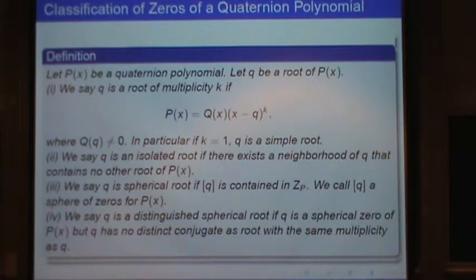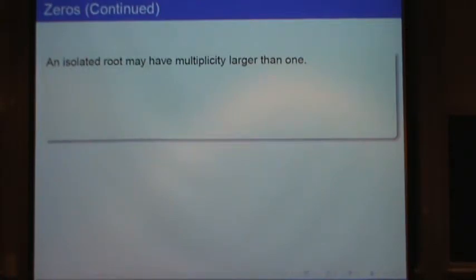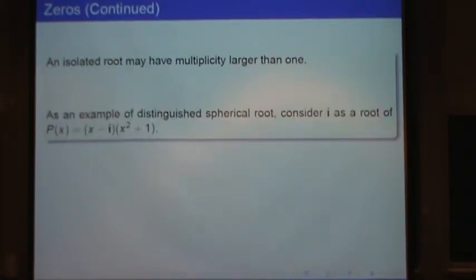We say it's a distinguished spherical root if q is a spherical zero of p of x, but q has no distinct conjugate as a root with the same multiplicity. I'll tell you what I mean by this. So an isolated root may have multiplicity larger than 1.